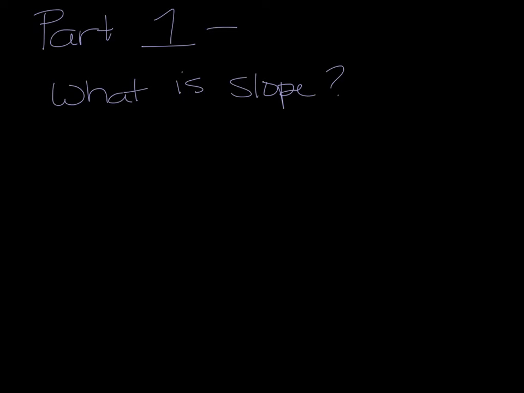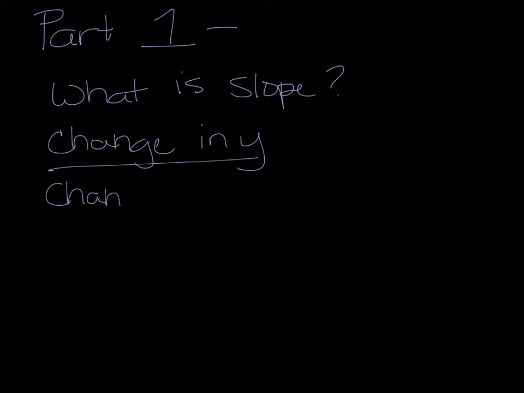The first thing we're going to talk about is what slope is. When we talk about the slope of a line, we're talking about how much it slants. So what we are looking at is the change in y, or the up and down, over the change in x, which is the left and right.